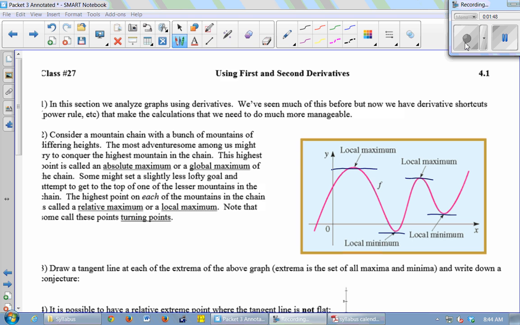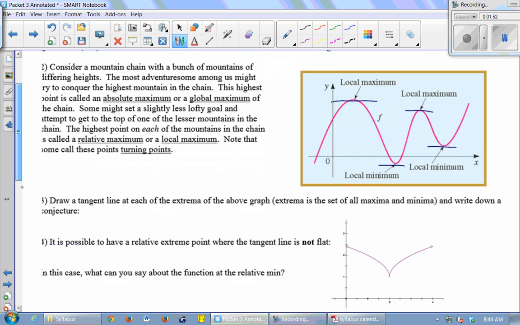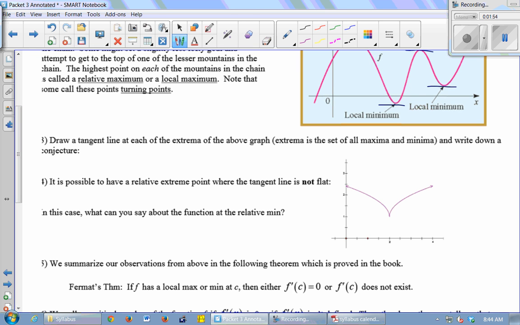They're flat. They're horizontal. Horizontal, slope 0, derivative 0, right? All mean the same thing.